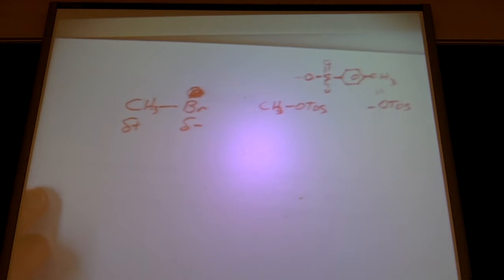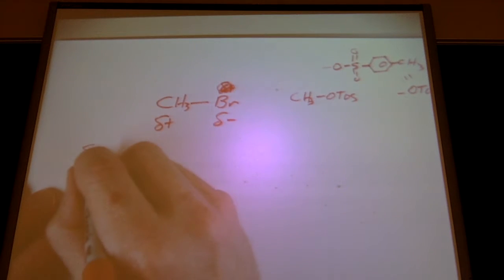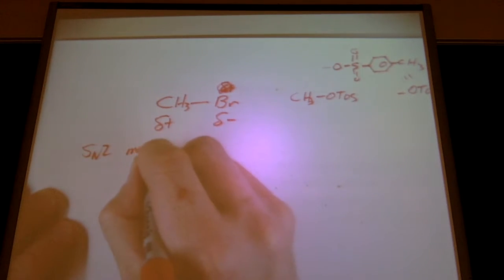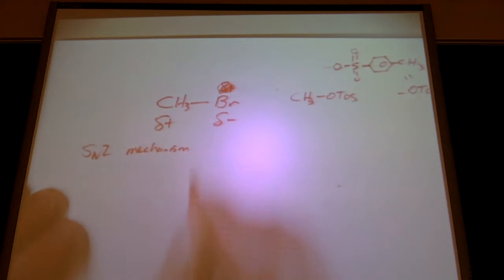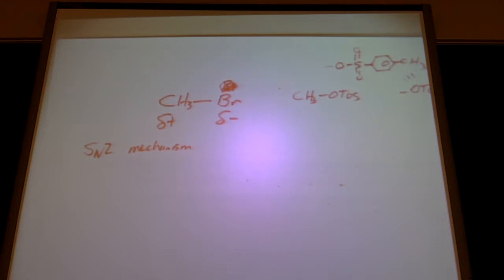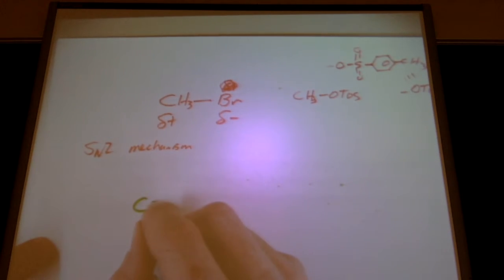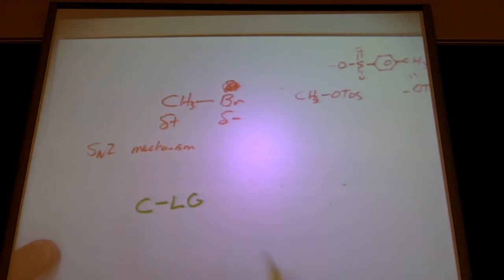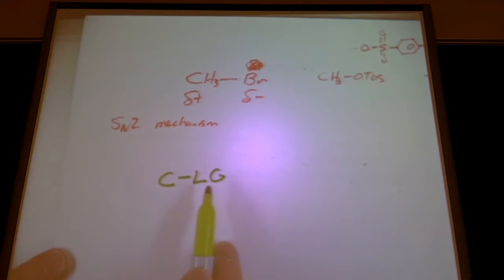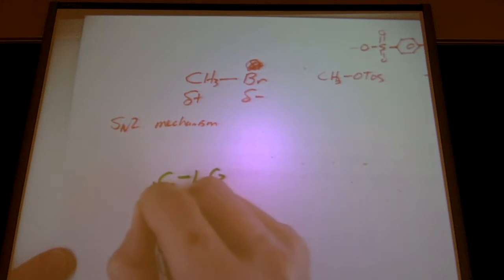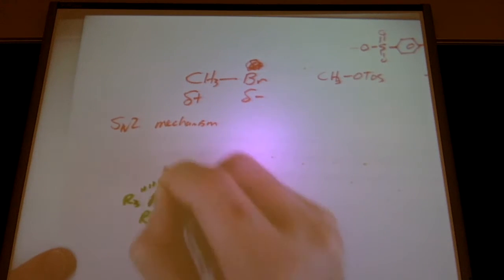So in the mechanism, I'm going to have some kind of a carbon that has my leaving group attached. The leaving group is commonly a halogen. I have some different things attached here. I'm just going to make them R groups.